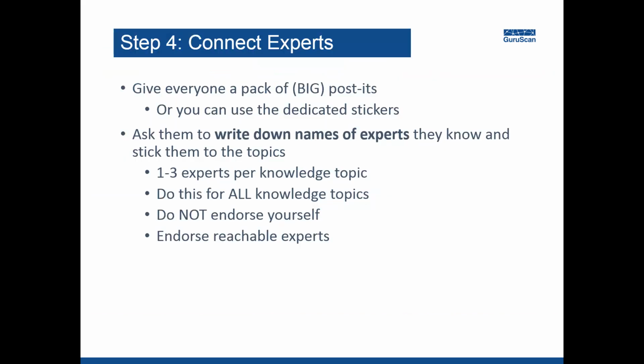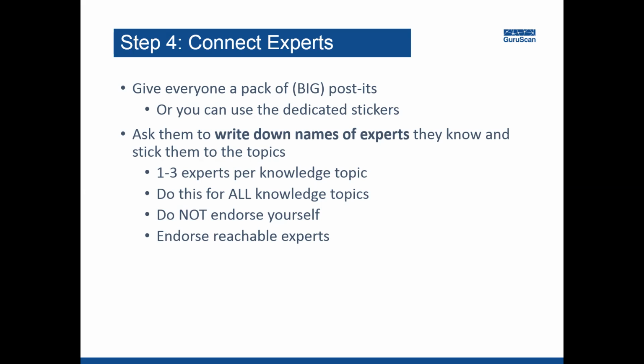Next round, and that's basically the most important one, connect these topics to experts. So ask everyone in your group, the people that are there, to take a pack of Post-its or take those stickers that I showed you before, walk around, look at those knowledge topics and write down the names of experts that they know.